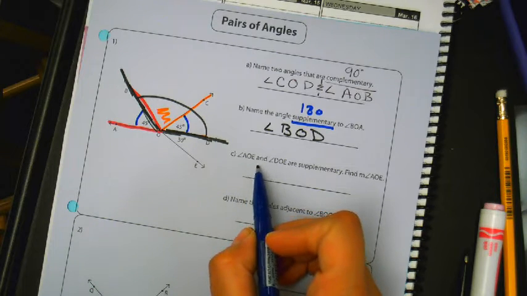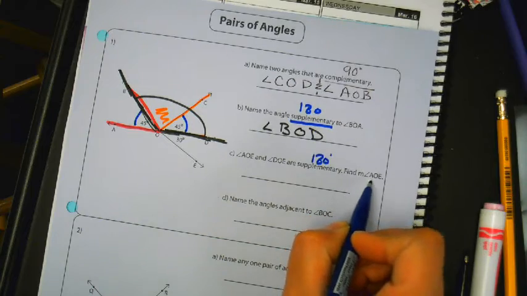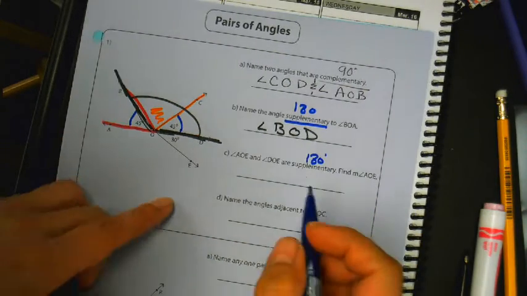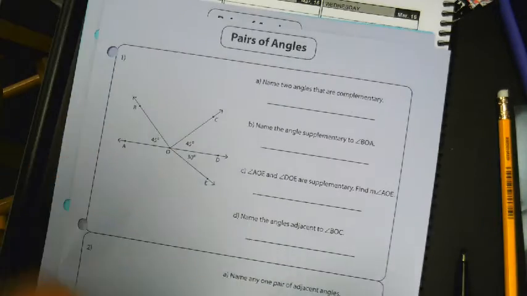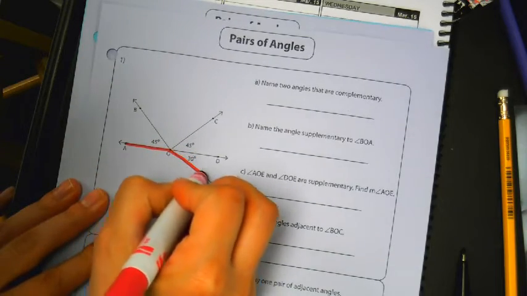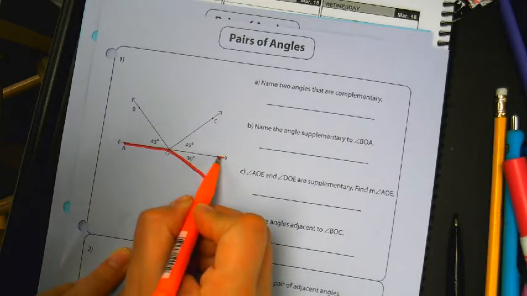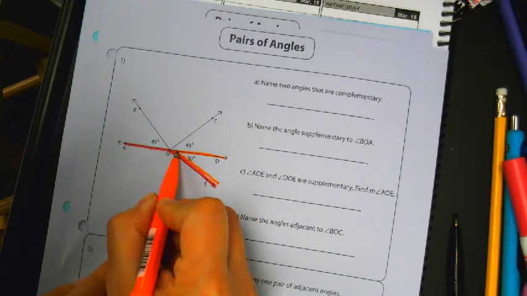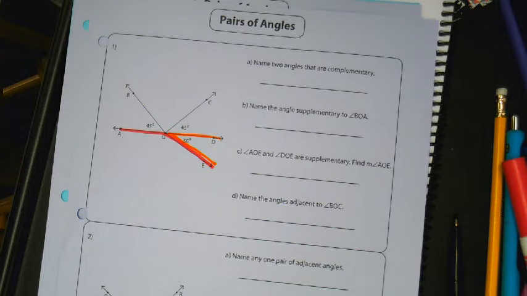AOE and DOE are supplementary, 180. Find the measure of AOE. So first thing, AOE, that's this one. DOE, so this one. Measure. Okay, so this is actually really easy.